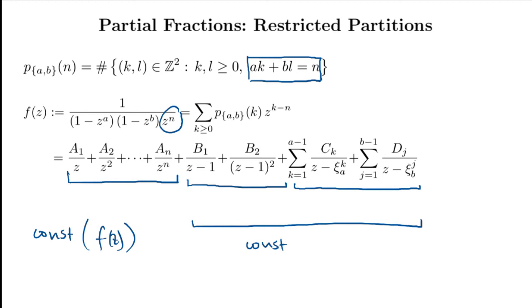Some terms you can ignore because they don't contribute to the constant term, and some other terms, for better or worse, you have to compute. In this case, we can do it by hand, but you could also use a computer to calculate these terms, and then you get a closed formula, and you will see this in all its details in section 1.3 in the book.